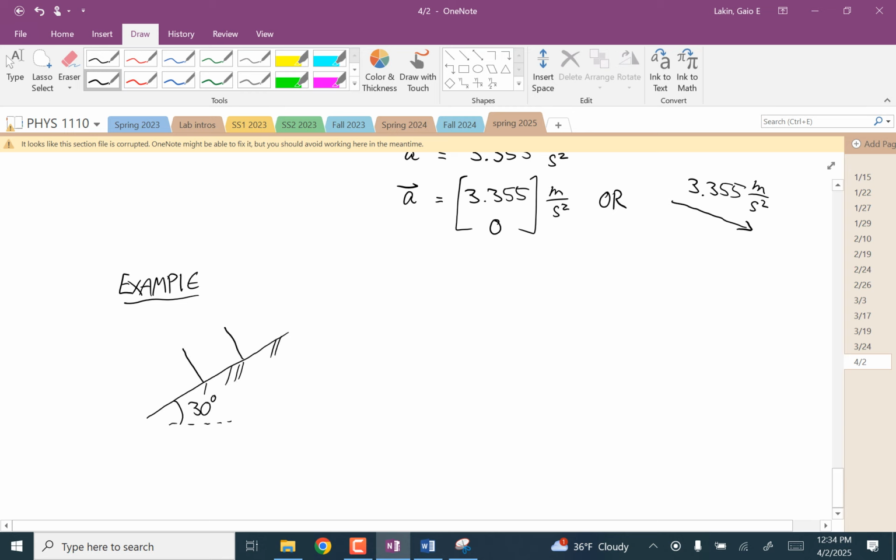And there's a block, let's say it has a mass of 2 kilograms. And let's say the coefficient of friction between the block and the incline is 0.1. And we want to calculate the acceleration vector again.